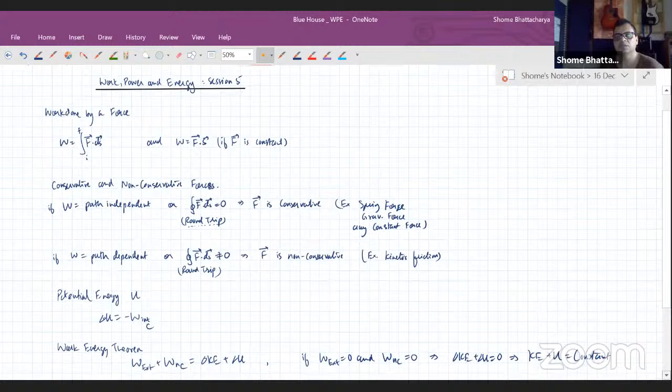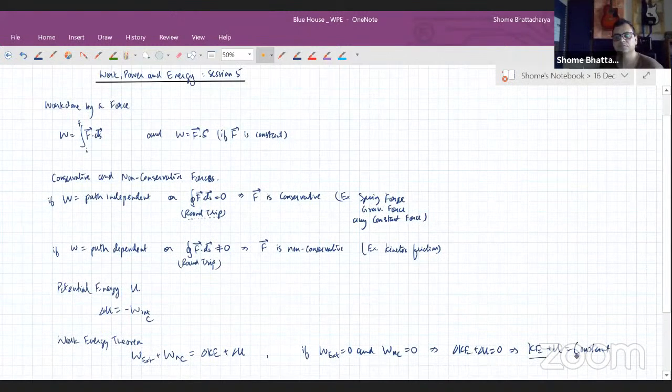For a system where this happens, we say there is conservation of mechanical energy, because the sum of kinetic and potential energy is called the mechanical energy.